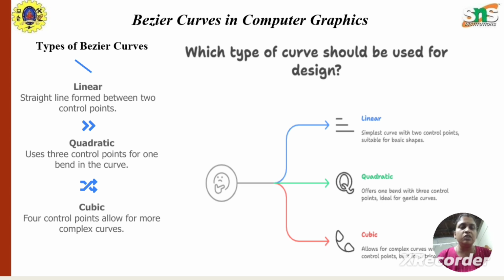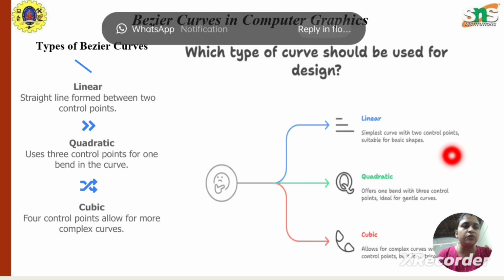It is most commonly used in graphic design software due to its balance of control and complexity. What type of curve should be used for which design? Linear can be used for basic shapes, quadratic offers one bend with three control points and is ideal for gentle curves, and cubic allows for complex curves and is best for intricate designs.